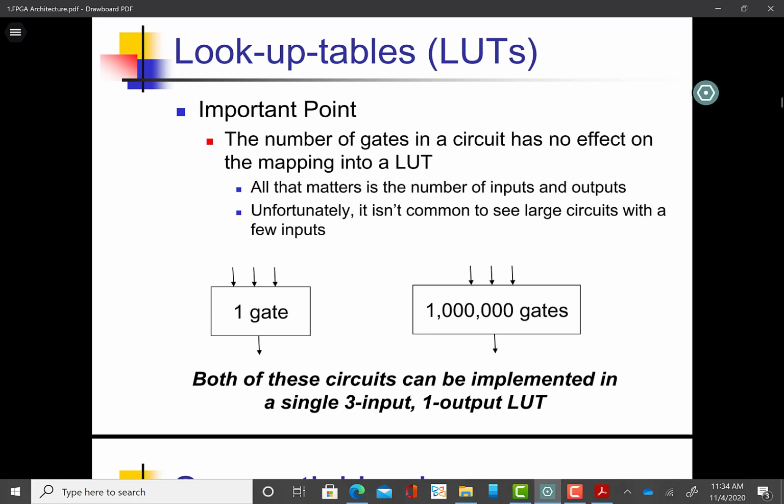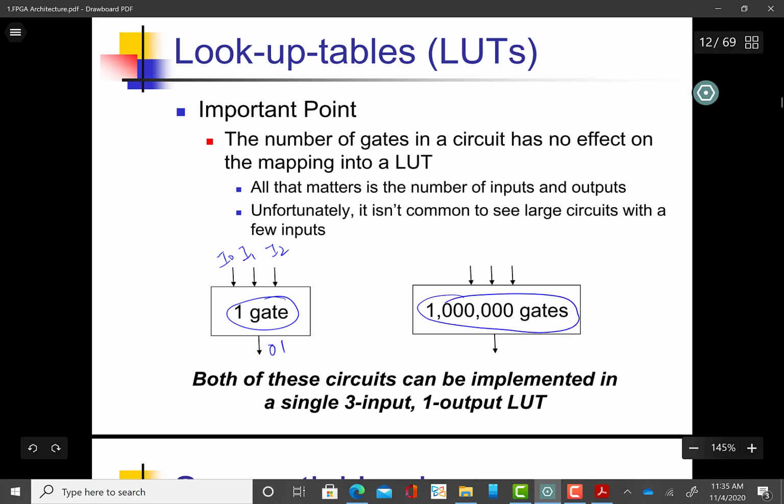One thing to note about a lookup table is that it is only constrained by the number of inputs and the number of outputs. So it does not matter whether the circuit that you put inside consists of 1 gate or 100,000 gates.